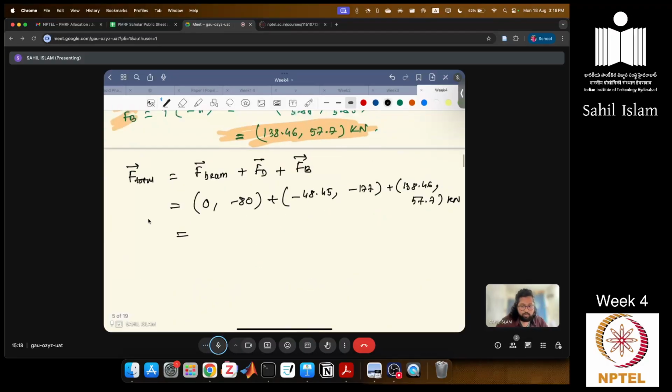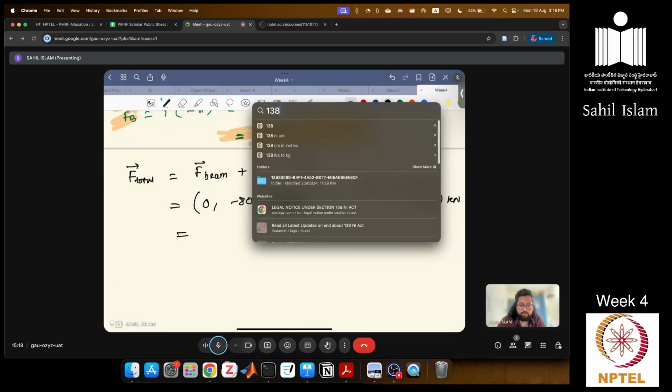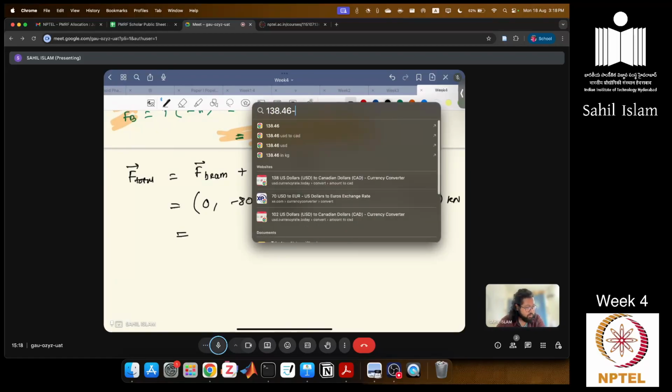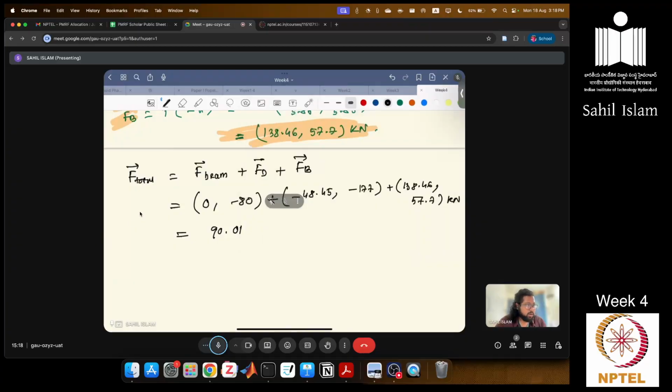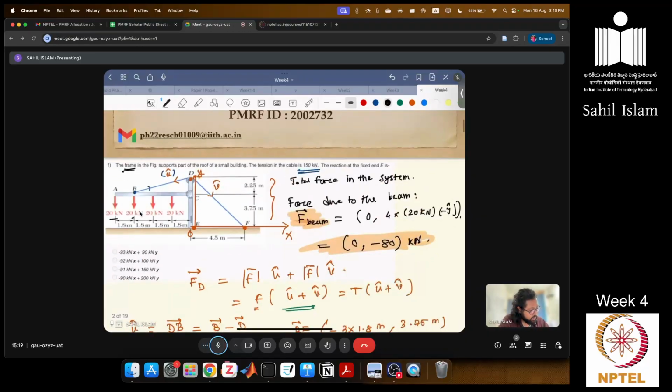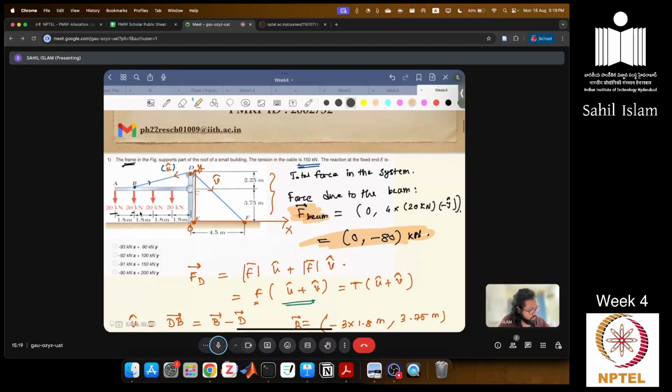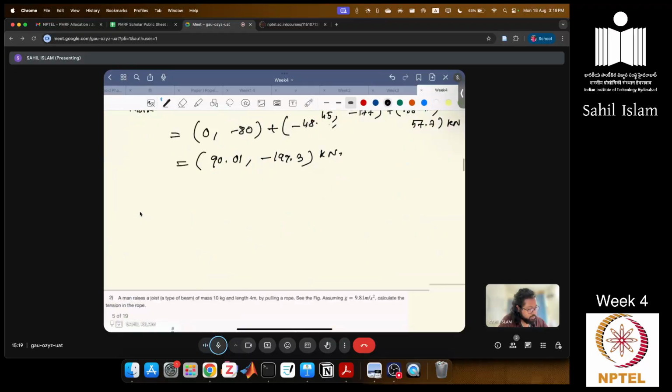Yes. So 138.46 minus 48.45, you get around 90.01 comma, the other part is minus 199.3 kilonewton. Now you were asked the reaction at the fixed end. So reaction will be equal and opposite to this force.